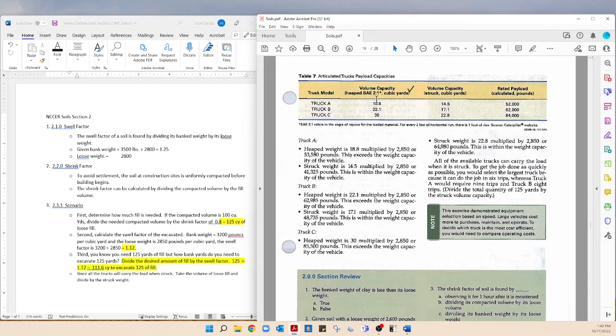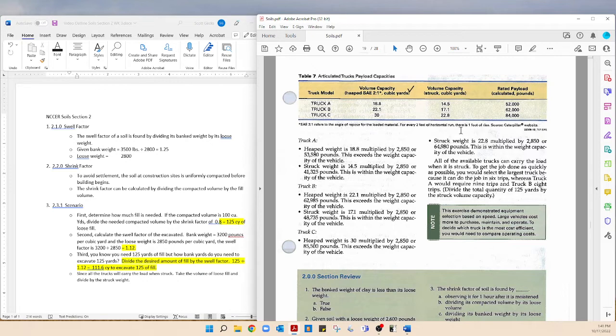If you've ever seen soil dumped into a truck, you know it falls in there in a conical shape. So it's not taking advantage of this full volume. Now, a struck cubic yard here is filled to the brim. In other words, it's level all the way across the truck.